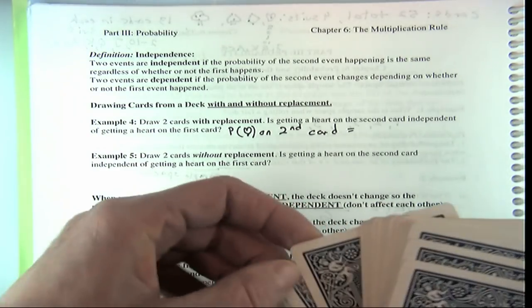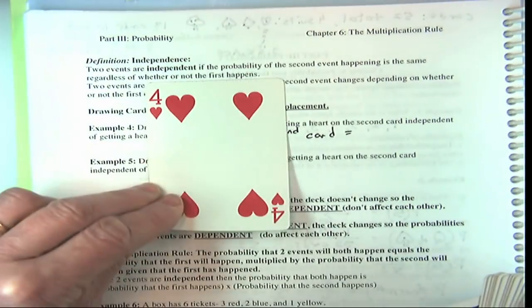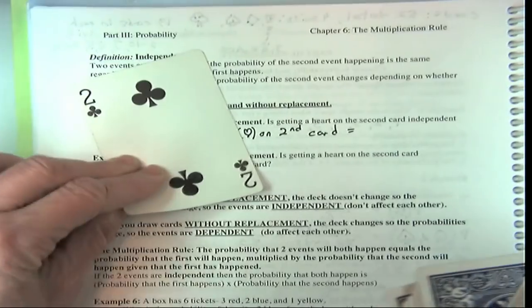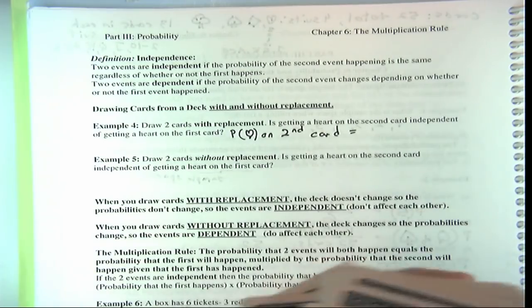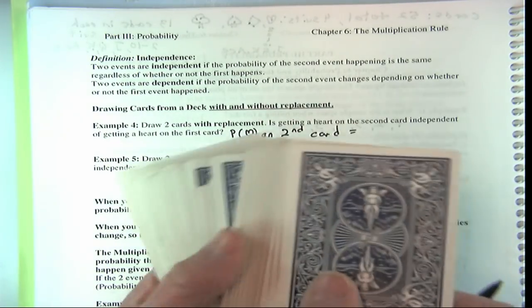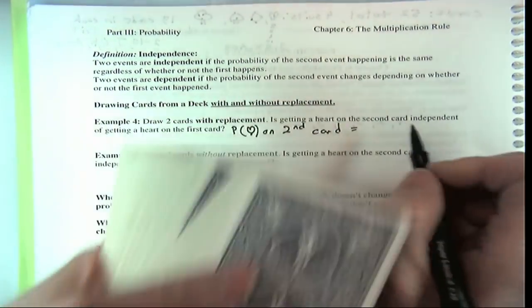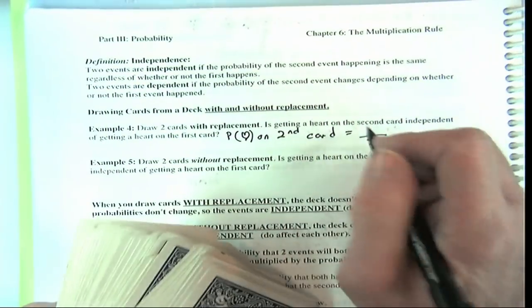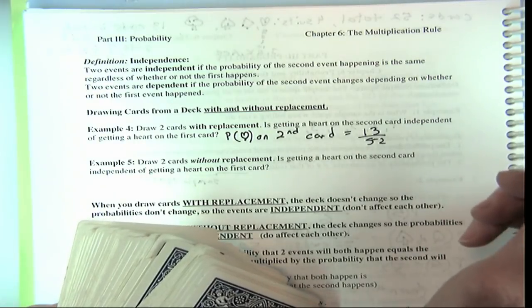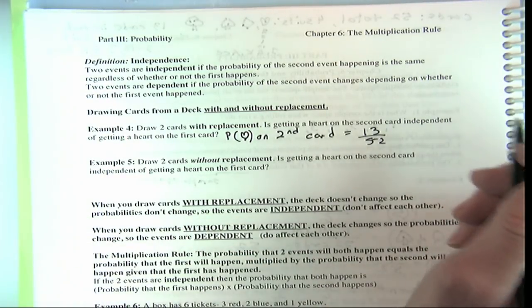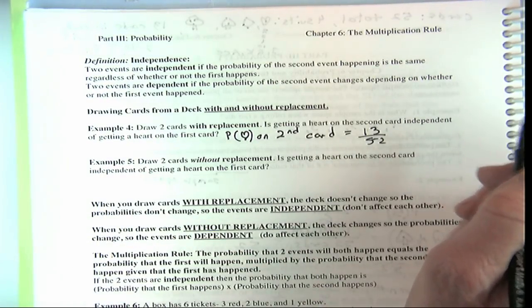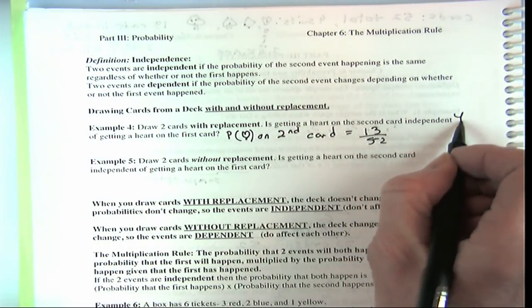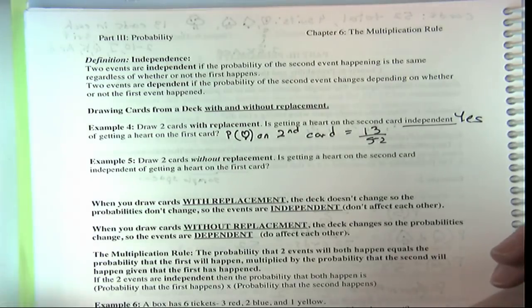Whatever I get on that first card, whether it was a heart and I stick it back, or it wasn't a heart and I stick it back, does it matter? Does it affect the chances on my second draw? No, there's still 52 cards in here, and there's still 13 hearts in here. So those events are independent.